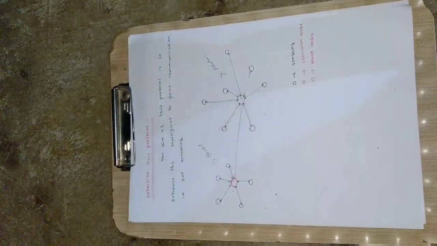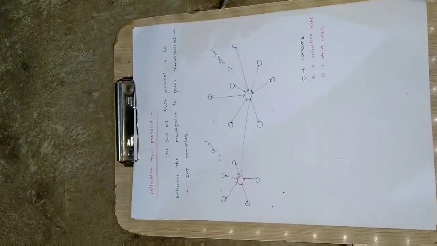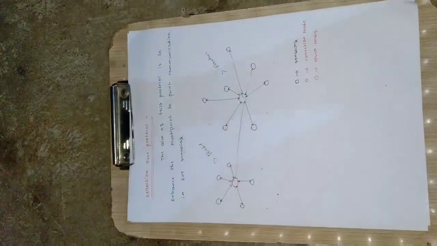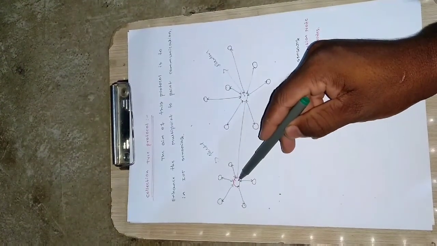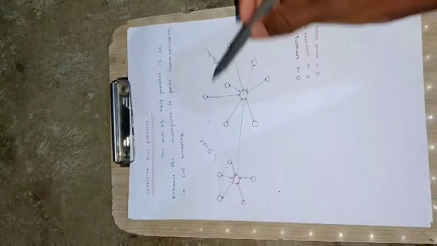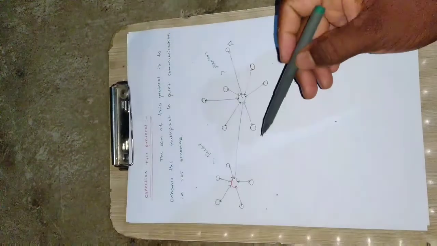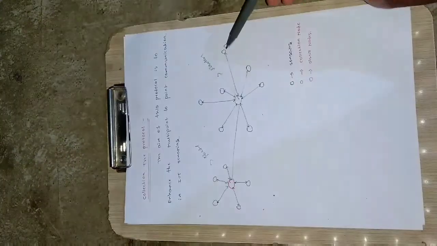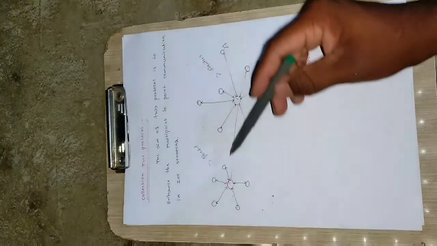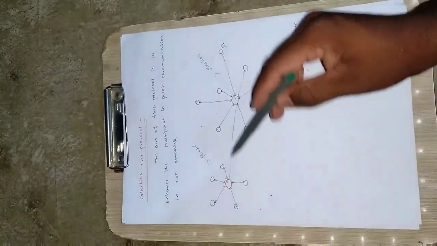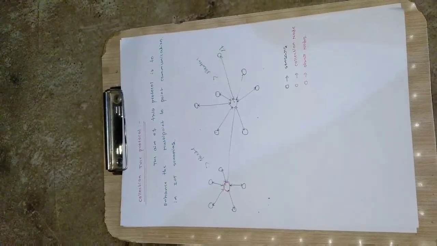So what will be happening here is, with this number of nodes, it is difficult. This particular node wants to communicate with, let us say, A, and it is very difficult for it to directly communicate with A, because it has to transmit the messages to all these nodes in order to find out the destination address.